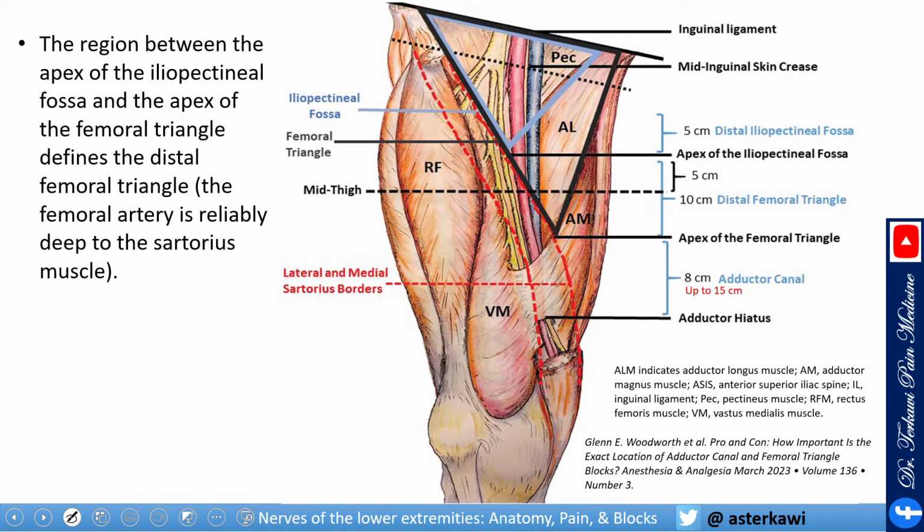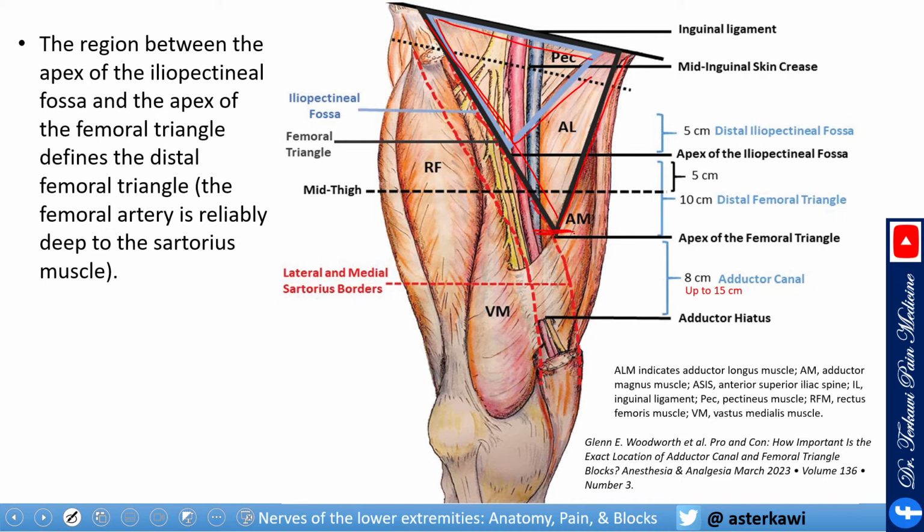Now, the region between the apex of the iliopectineal fossa and the apex of the femoral triangle defines the distal femoral triangle. So this here is the iliopectineal fossa. The black one is the femoral triangle.